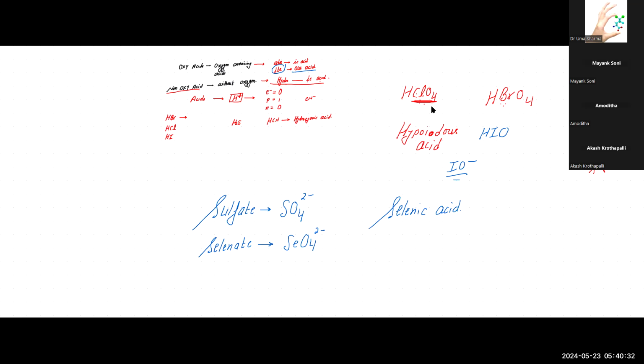Can you give me the formula of tellurous acid? Tellurous. Same family, selenium, tellurium, check. Do you know the formula of sulfite? Sulfite. SO3 2 minus. So, Amodita, are you getting your error?